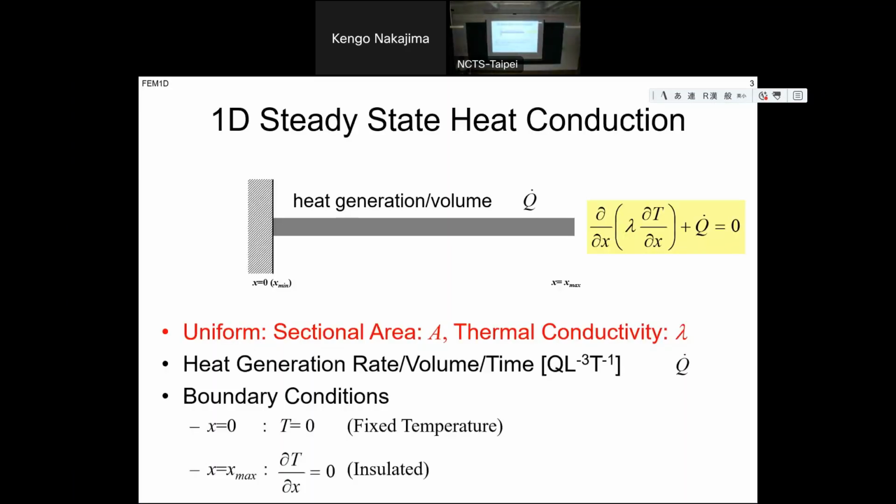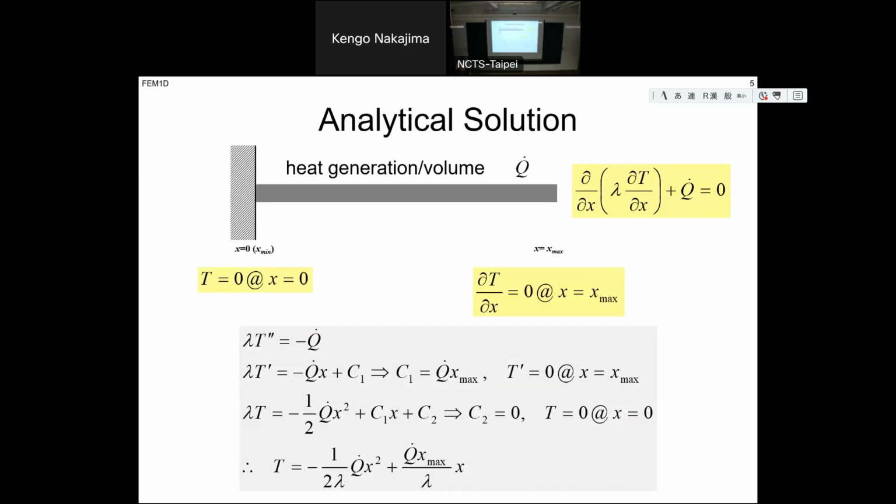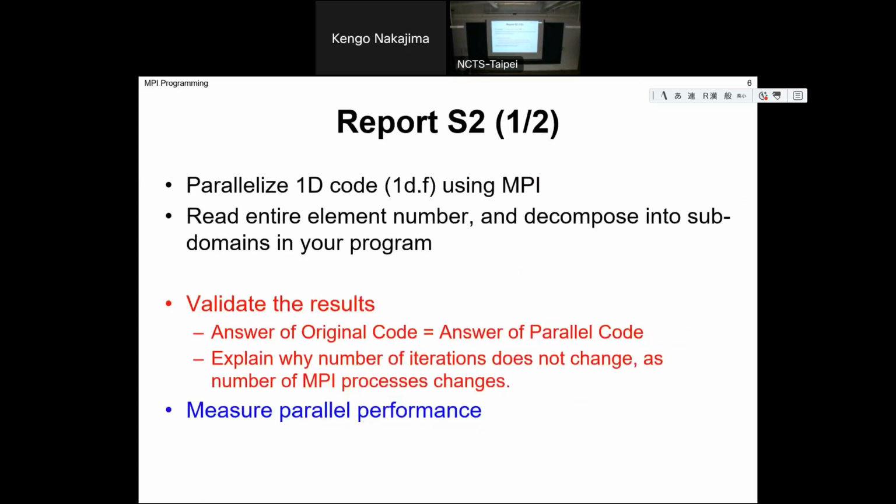And this is the problem definition, and you are already familiar with this. And this is the finite element code, and this is the analytical solution. The second exercise is developing the code and also validating the results.